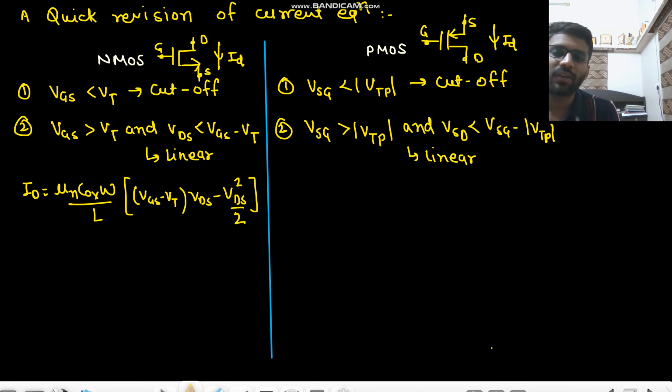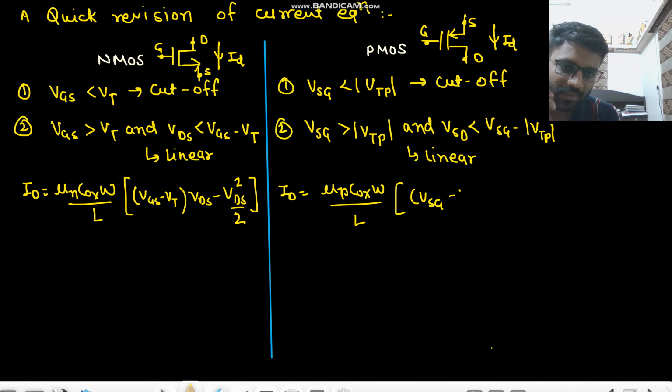We are not writing VDS and VGS here. For PMOS we write VSG because the one at higher potential is taken first. The current equation would be mu P COX W by L into (VSG minus mod of VTP) into VSD minus VSD square by 2.